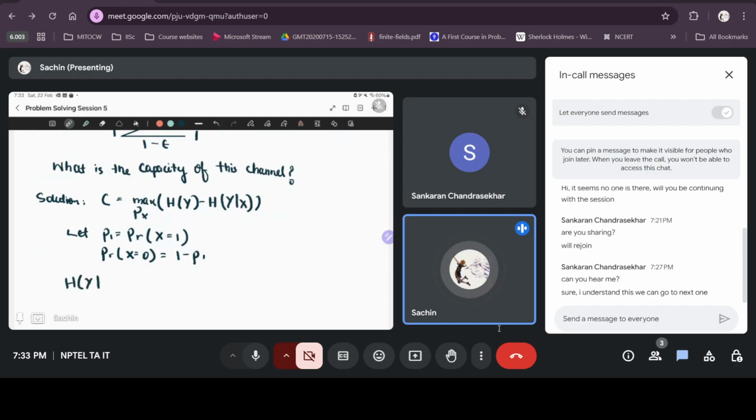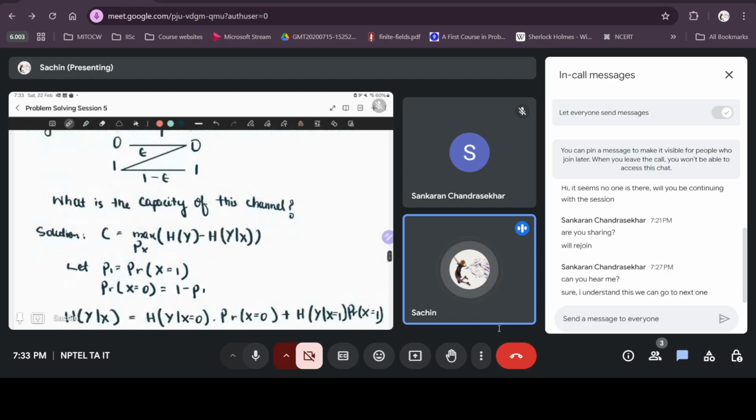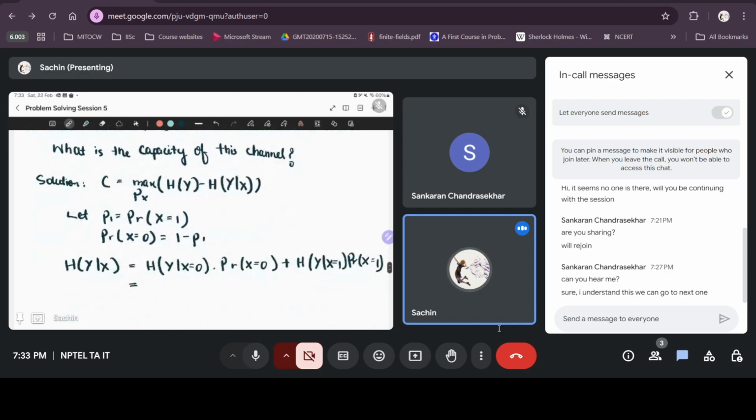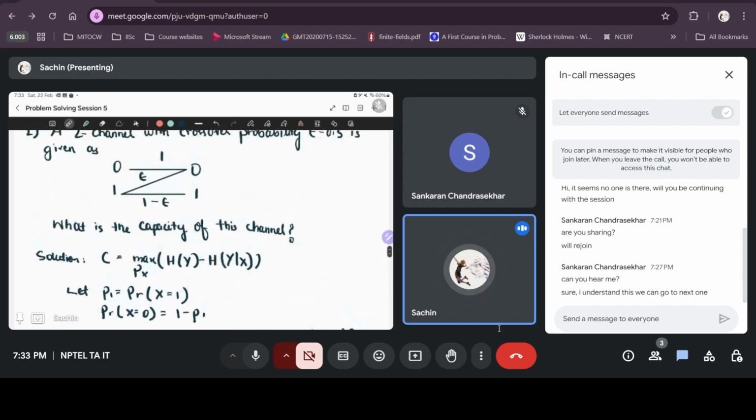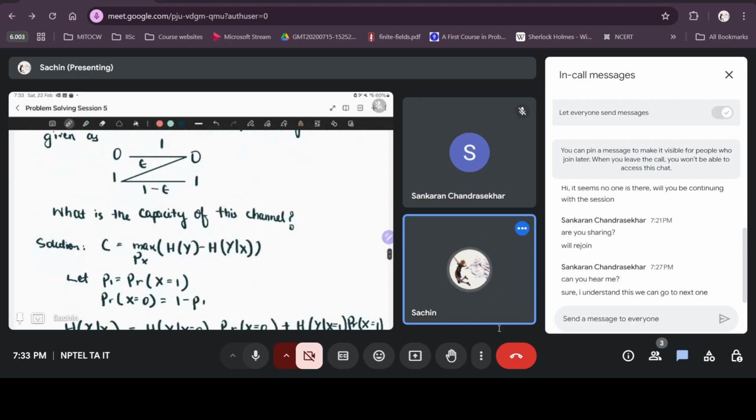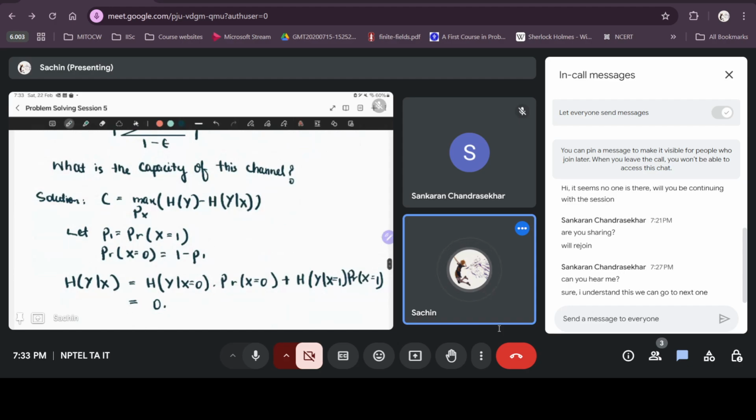H of Y given X is H of Y given X equals 0 times the probability of X equals 0, plus H of Y given X equals 1 times the probability that X equals 1. H of Y given X equals 0 is 0, because if X equals 0, then Y is equal to 0 with probability 1.